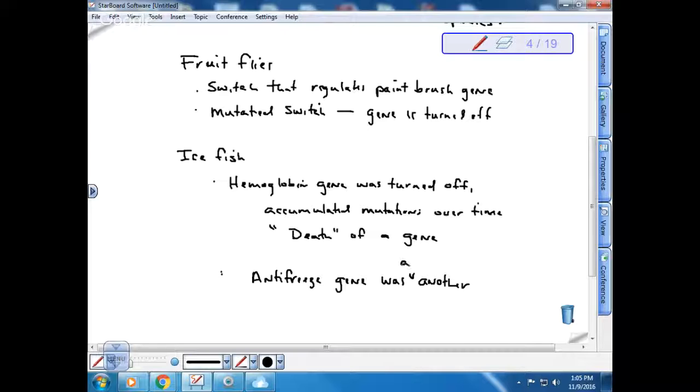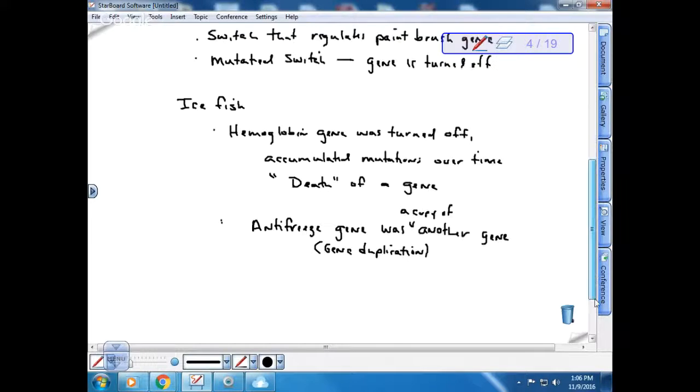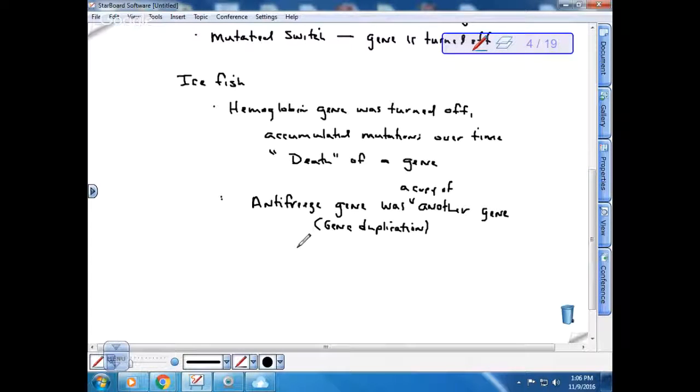A copy of another gene. Right? So we have gene duplication, which is now believed to be really important in creating variation, right? And then it accumulated mutations until it became functional.